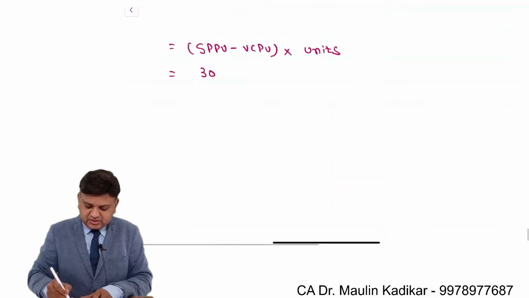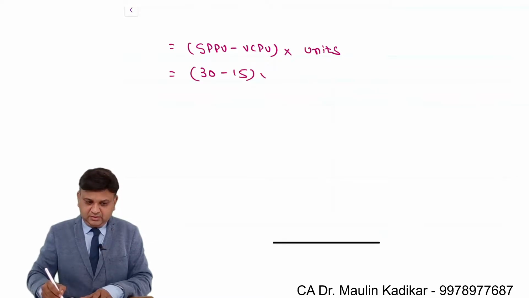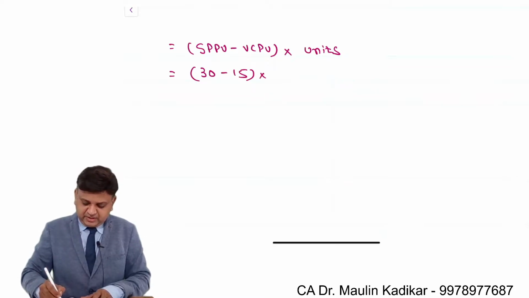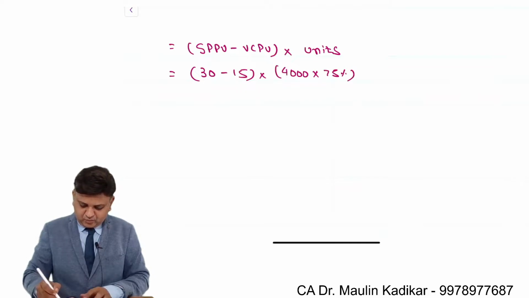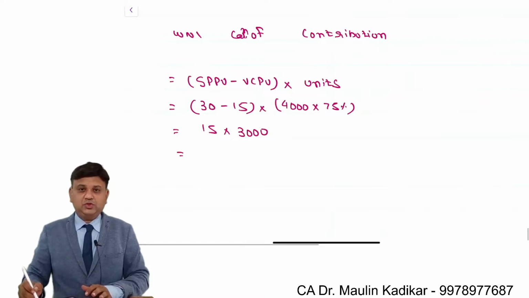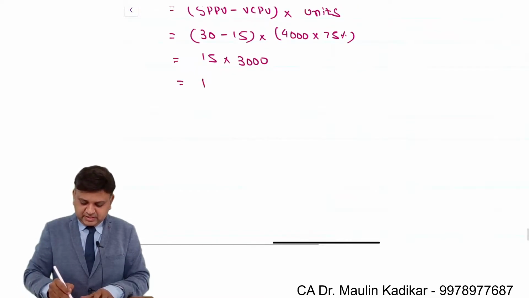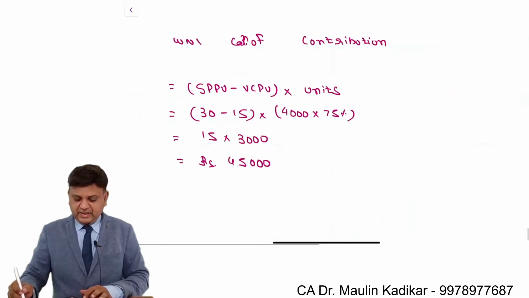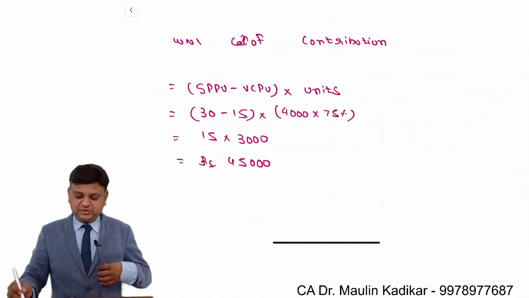Selling price per unit is 30, variable cost per unit is 15, multiplied with 4,000 into 75%. So it is 15 rupees per unit into 3,000 units, that comes to rupees 45,000. That is the way the contribution is calculated first of all.